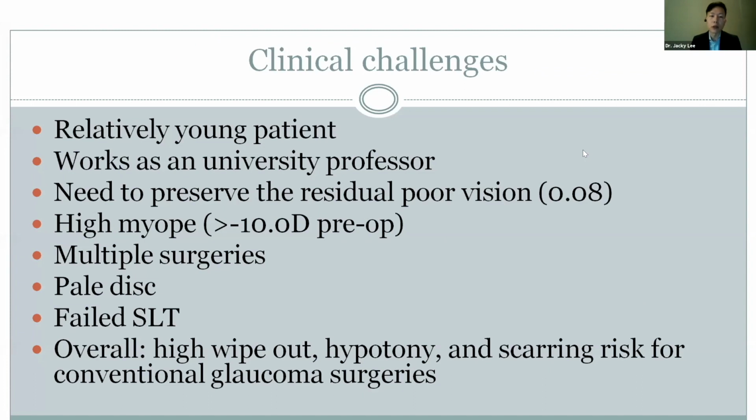He has gone through multiple surgeries, presenting with a pale disc and failed SLT, and overall he would be a high risk candidate for any incisional surgery. There is a high risk of wipeouts, and subsequent hypotony because of post-vitrectomy status and his high myopia, and a scarring tendency because he's still relatively young with a good metabolism. So these were the downsides of choosing to do a conventional surgery.